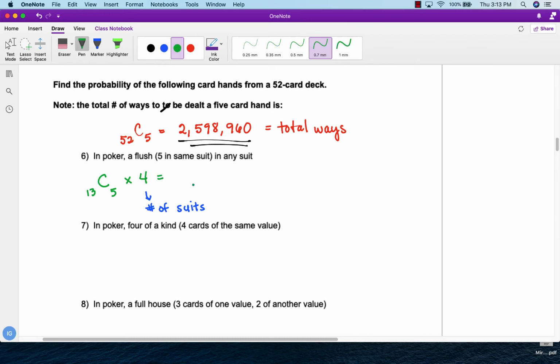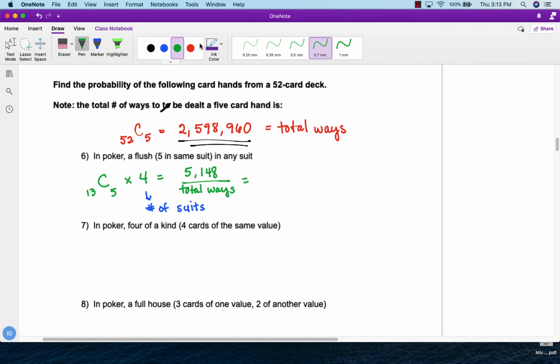Now remember, we're still finding the probability, so whatever this is equal to, I'm going to put it on the numerator, which in this case is 5,148, over the total number of ways of choosing 5 cards, which is this number. I don't want to be writing that number over and over, so I'm just going to write "total ways," okay?